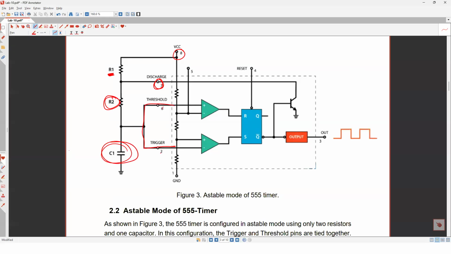Is that okay? And usually in this one, most likely, I'm not saying it is a must, but most likely you are going to use electrolytic capacitors. So polarity is very important, as I told you in the lecture. If you switch the polarity, it may explode. So you have to be careful here. That means positive has to come here and negative has to be here, if you use an electrolytic capacitor.